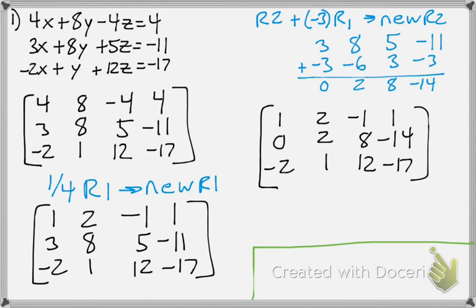So I have the first 0 underneath the 1. Now I need to get the -2 to be 0. To do that, I want to take row 3 and add 2 times row 1, and that will be my new row 3.